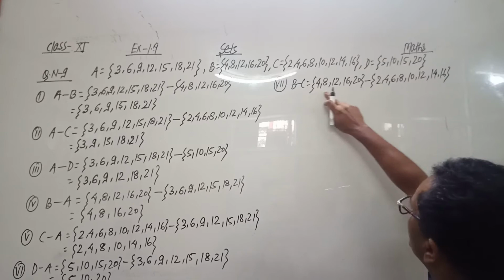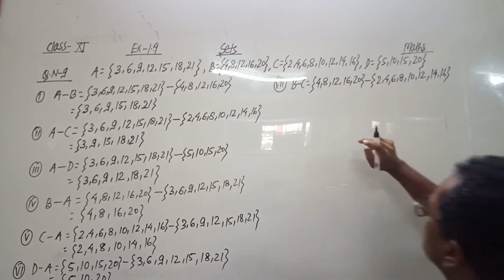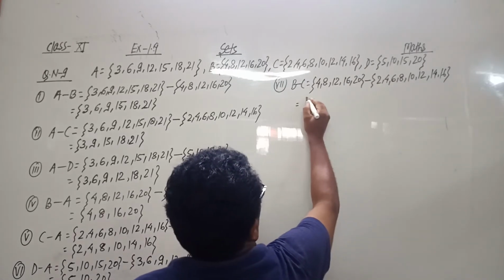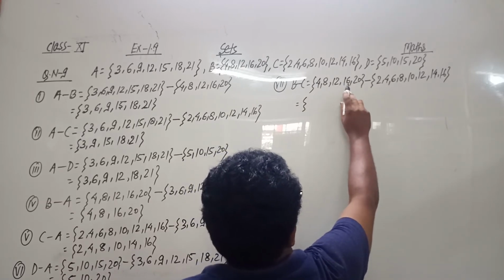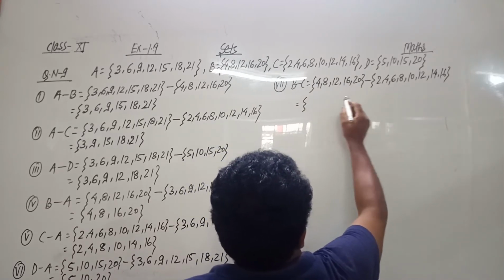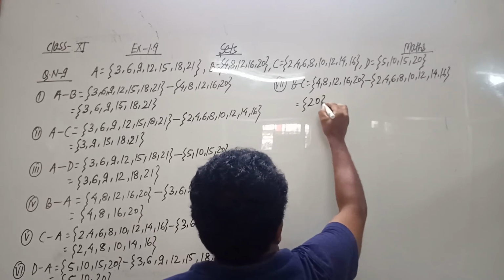So those elements of B which are not in C: 4 is available, 8 is available, 12 is available, 16 is available. So the only result is 20.